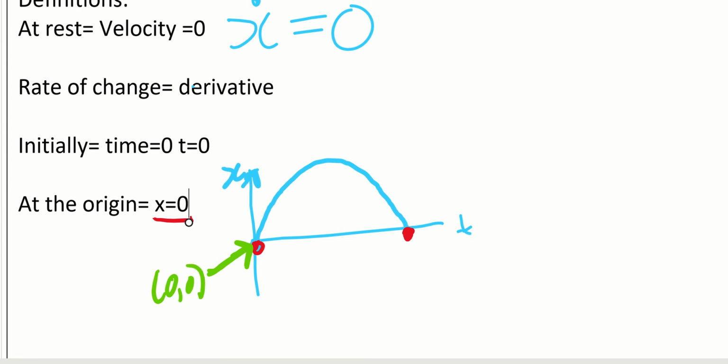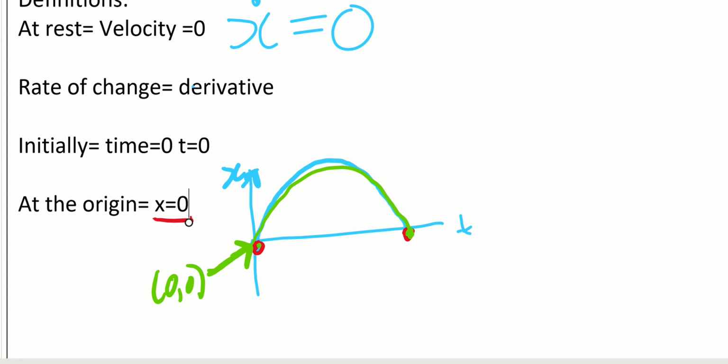But it's not just that. Now when we talk about something being at the origin, it just means it's back where it originated, the same spot, where it comes back down and returns. So if you had to find when something is at the origin, you would find the t-intercepts.